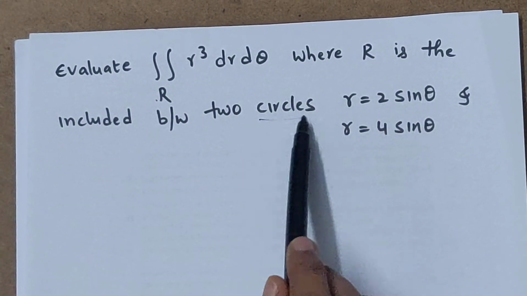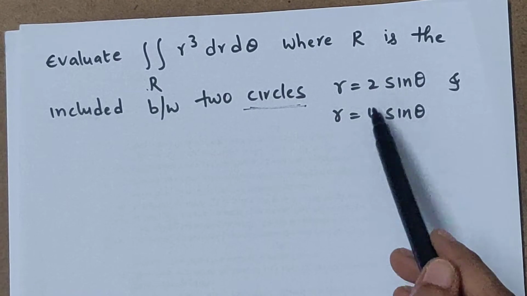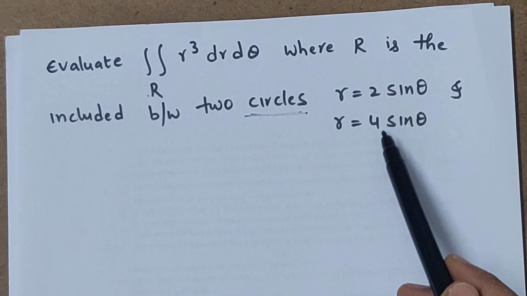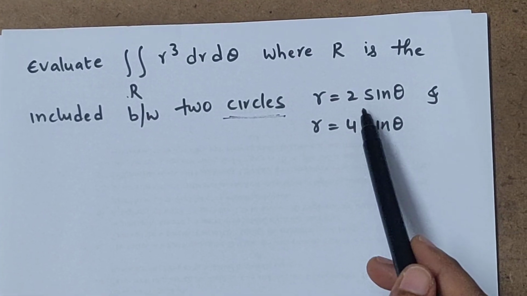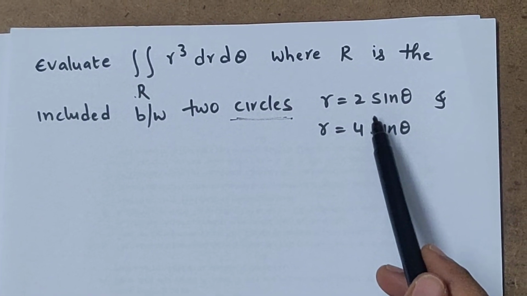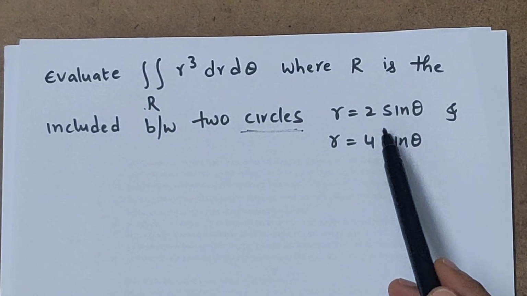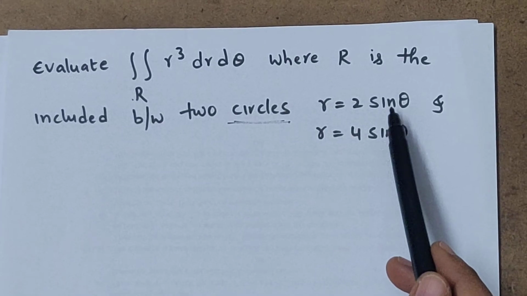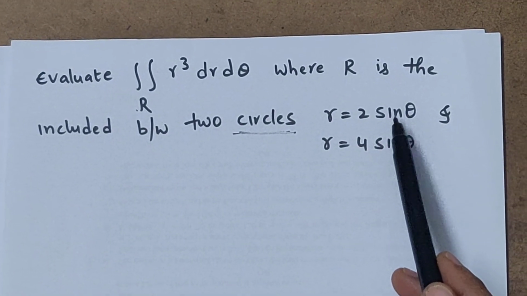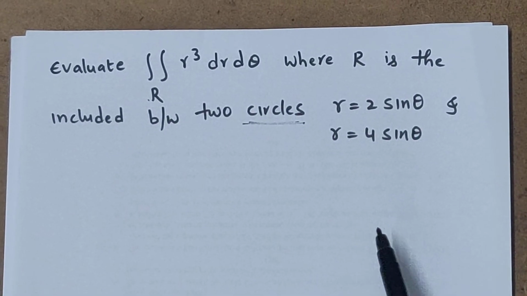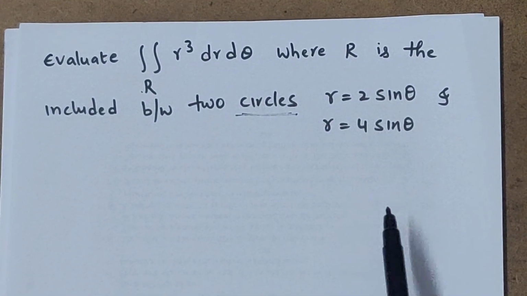As they mention circles, we understand that these are circle equations in polar form, but we are not familiar with polar form circle equations. Just by seeing these we can't say what the center and radius are. Without knowing the center and radius, we can't draw the rough sketch of the region.